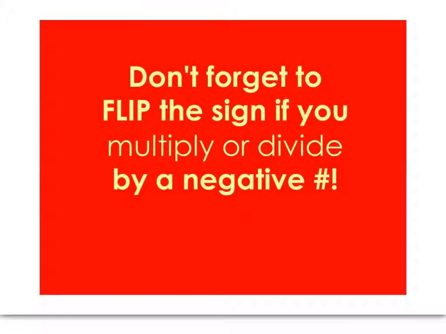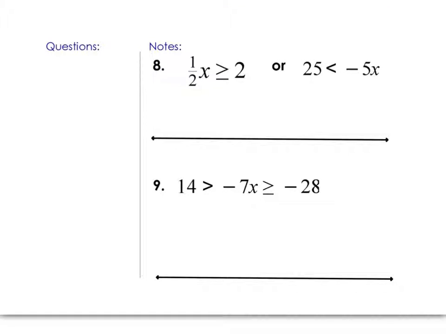Don't forget to flip the sign when you multiply or divide by a negative number. So with that being said, I have 1/2 times x is greater than or equal to 2. To get x alone, I want to multiply both sides by 2. That way those 2's cancel and I get 1x, or x all alone, is greater than or equal to 4.